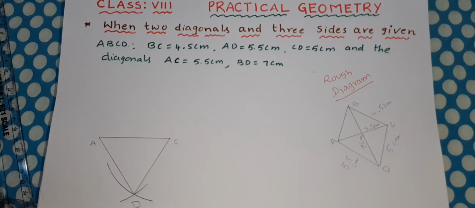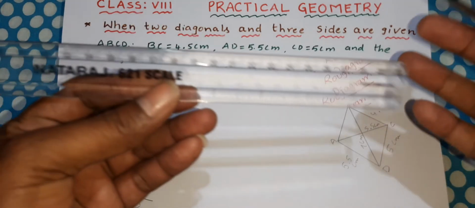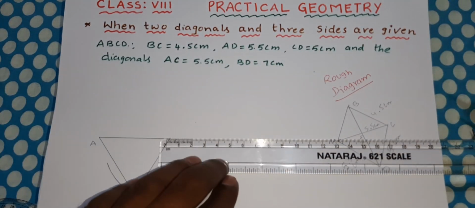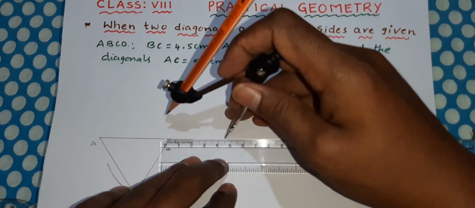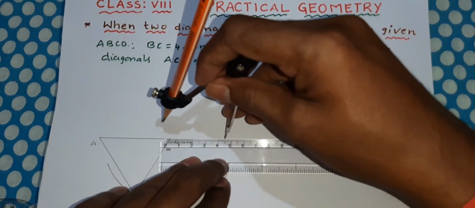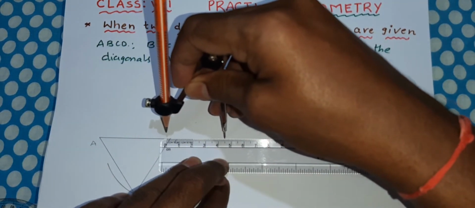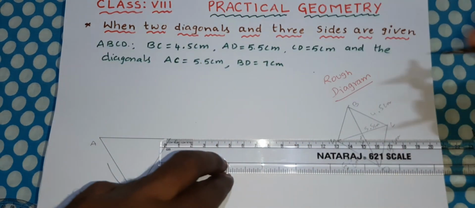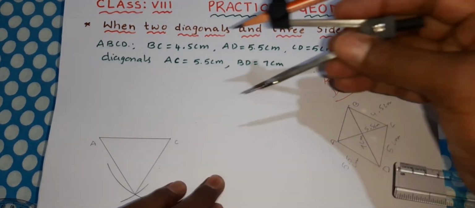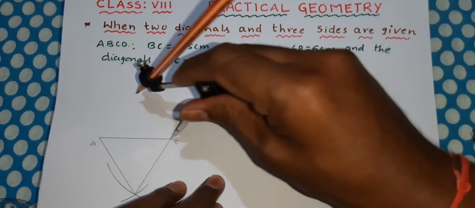Now let us construct B. BC is given 4.5 centimeter and BD is also given 7 centimeter. So now let us take that 4.5 centimeter with center C. Take 4.5 centimeter on the scale. Right. Take center as C. Draw the arc above the line segment AC.